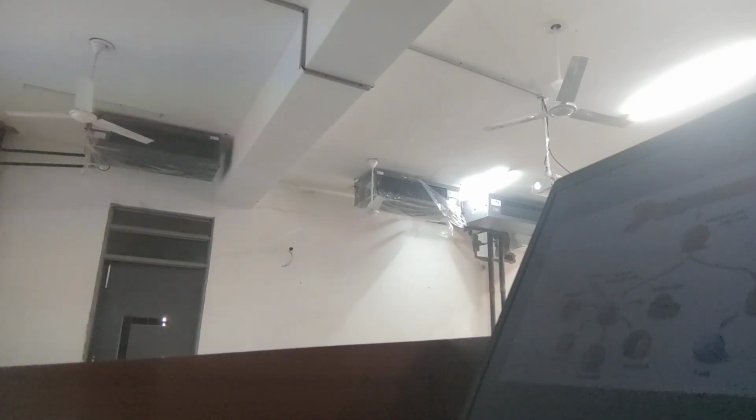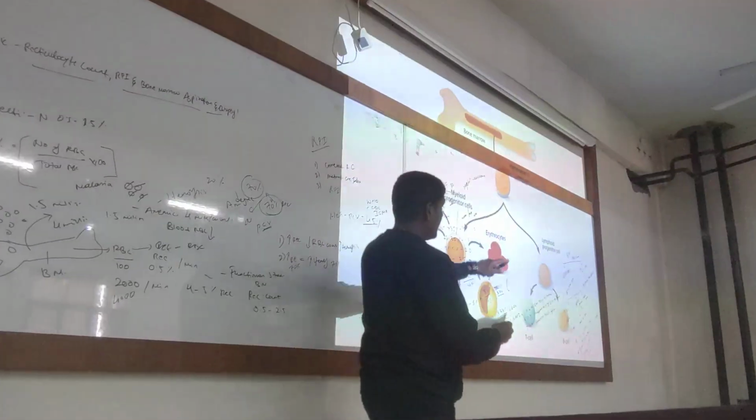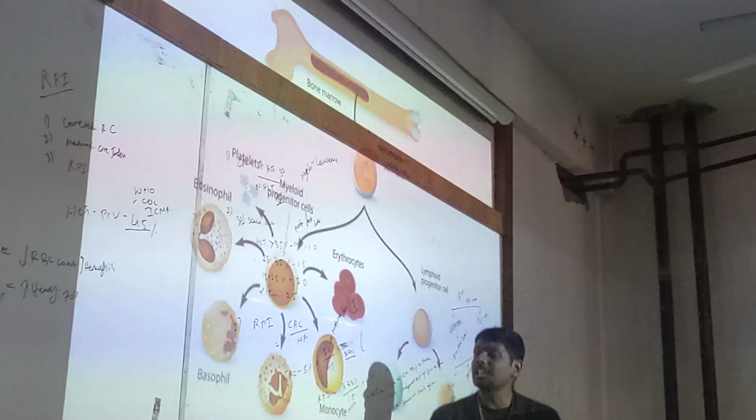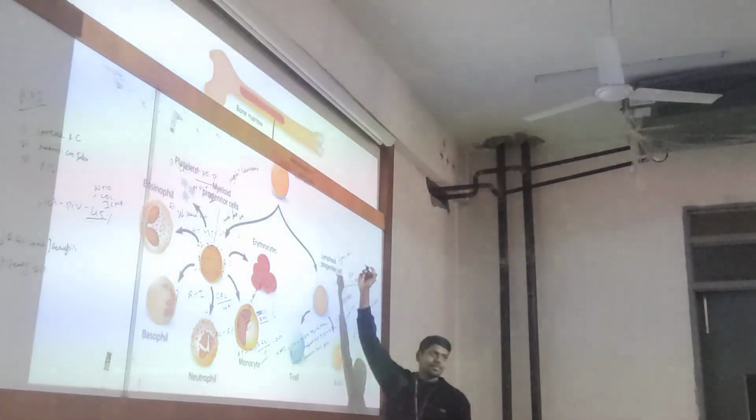Now listen. If there is a cancer of myeloid cells, this cancer is called myeloid leukemia. If the cancer happened to the lymphoid cells, that cancer is called lymphoid leukemia.